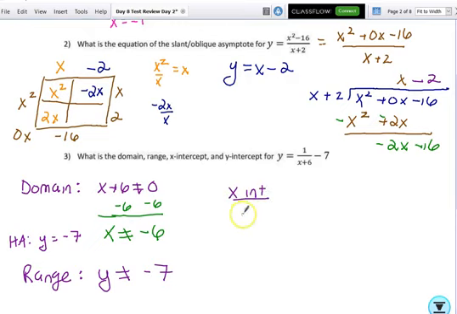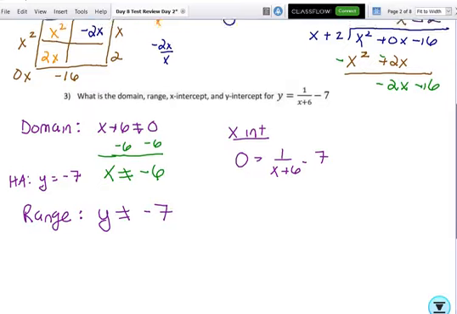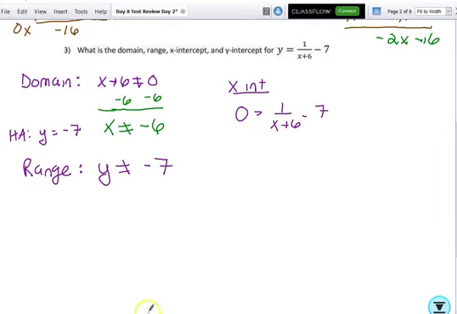X-intercept is when I set the whole equation equal to 0 and solve. Before I start dealing with the left side of my equation, I have to move this constant over here. I need a constant number equals just one term. I need this term by itself. All right, 7 over 1.